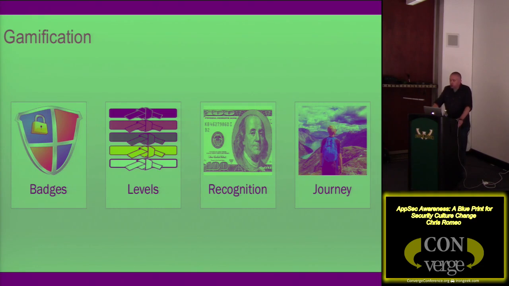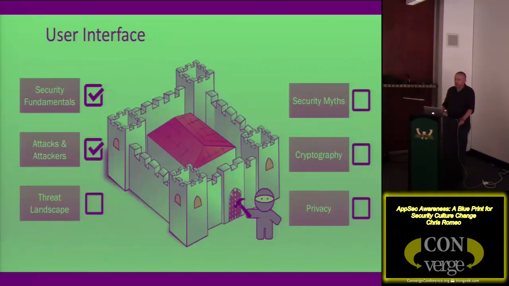Recognition plays in there, the journey plays into the gamification angle as well. So when you create a user interface for your training program, don't just make it a web page with a list of links on it, please. That's why we have a theme, and that's why we're trying to make this fun. Build an interface for the learning that fits into the theme.